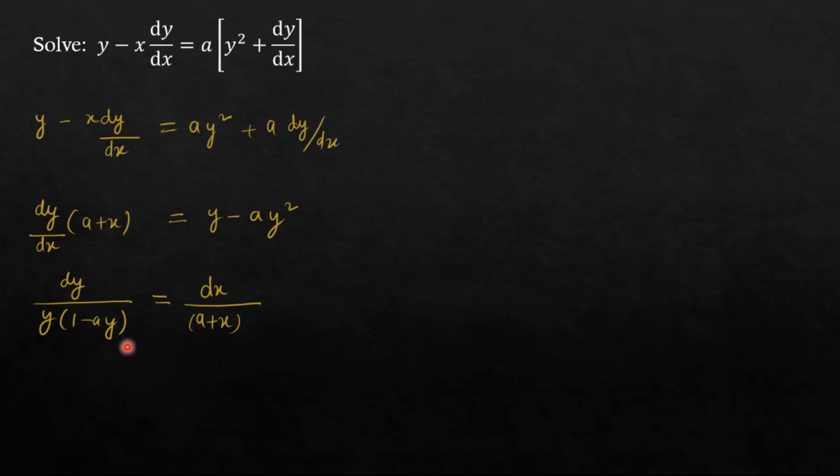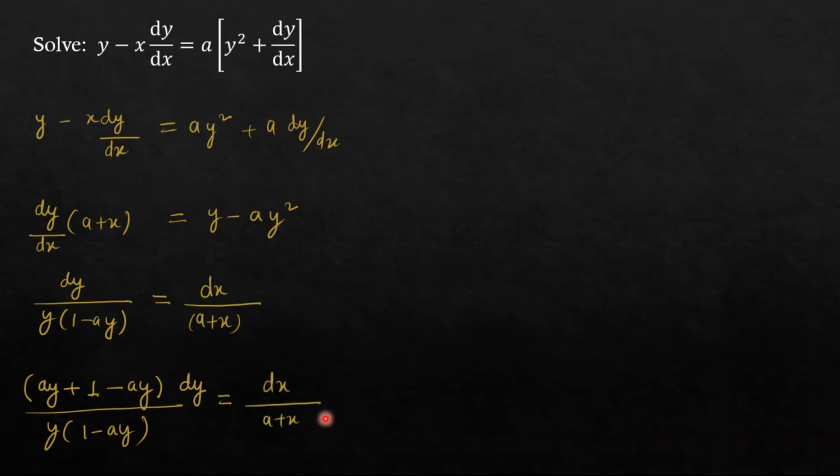Okay, so this is the variable separation form. Now what I will do is, I can write this expression as (ay plus 1 minus ay) upon y(1 minus ay). What I have done is, I have added ay and subtracted ay, so the expression is still the same, into dy is equal to dx upon (a plus x). Now divide these terms.